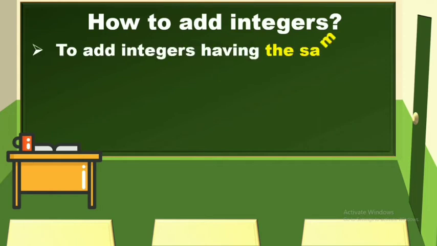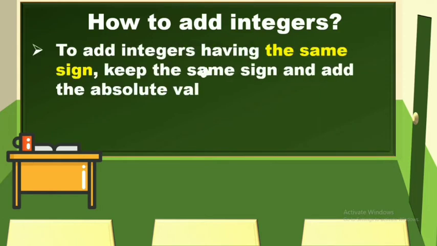First, to add integers having the same sign, all you need to do is to keep the same sign and add the absolute value of each number. When you say absolute value, it describes the distance on the number line from 0. Say, for example, the absolute value of 3 is the distance of 3 from 0, and that is 3.